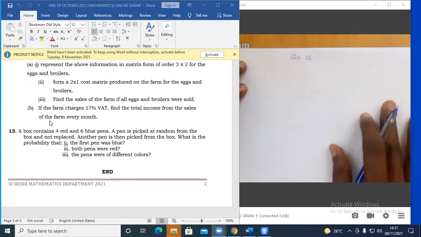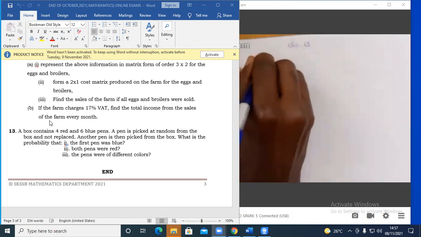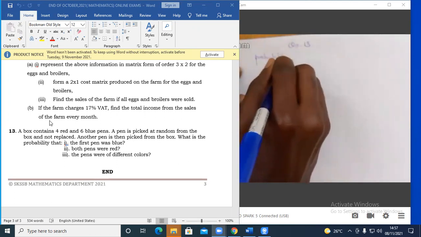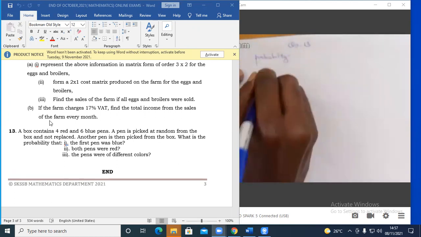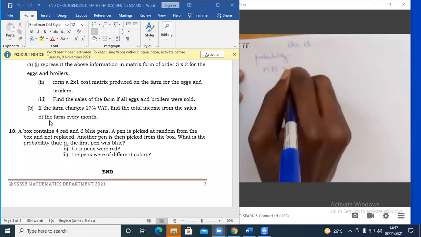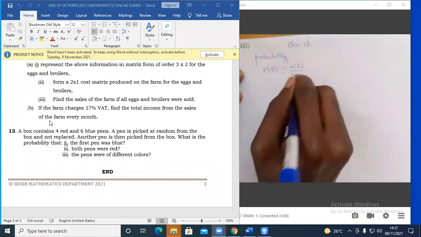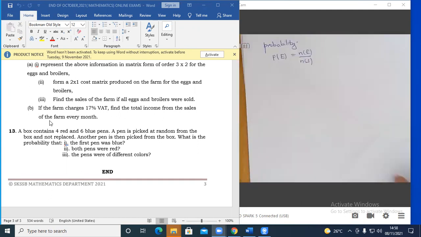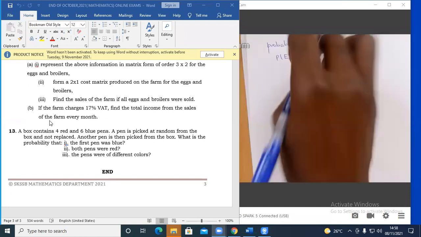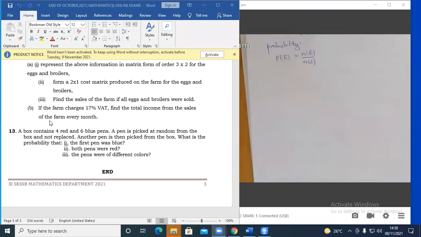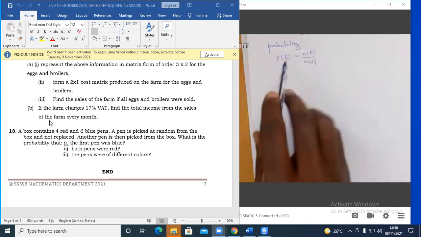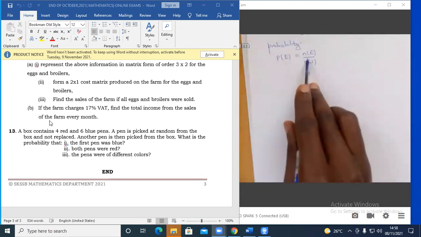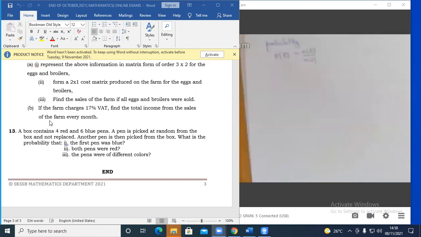And we said the probability of any event is equal to the number of events divided by the sample space. That's the thing you must take note of. Whenever you see any question on probability, first write this statement down, before even reading the question: probability of any event is equal to the number of events divided by the number of sample space.